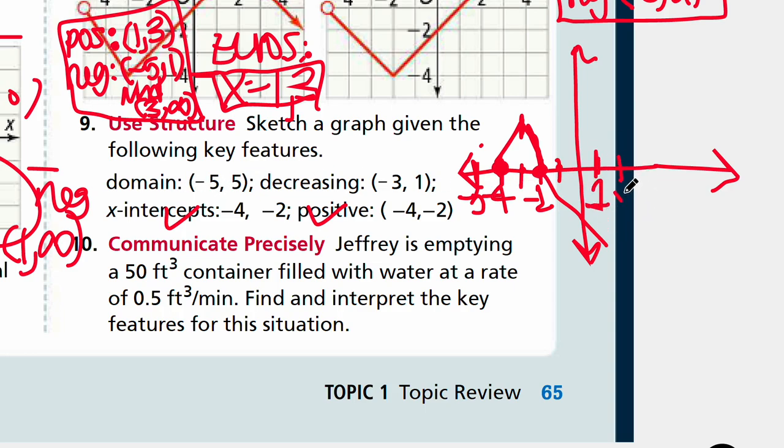So if it's not decreasing from after 1, then it needs to start increasing, right? So 3, 4, 5 until here, and it cannot go above y equals 0 line, because it's only positive from -4 to -2.